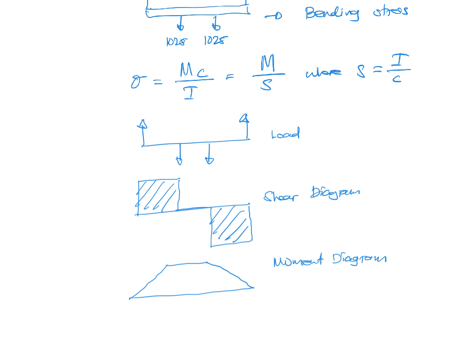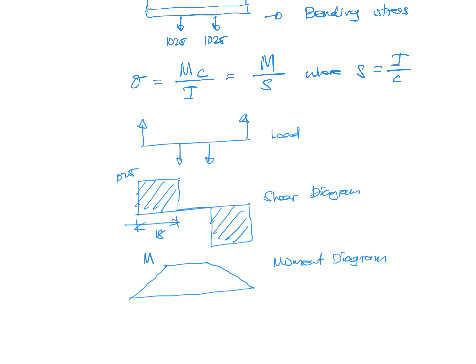Once we have calculated the moment, the maximum moment here based on the shear is, so this is 1,025, and that distance there is 18 inches, right? Because that's 18, 24, 18, it will give us 60. So the maximum moment is 1,025 times 18.